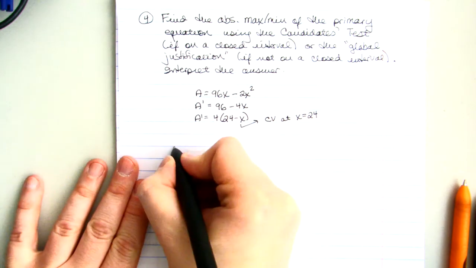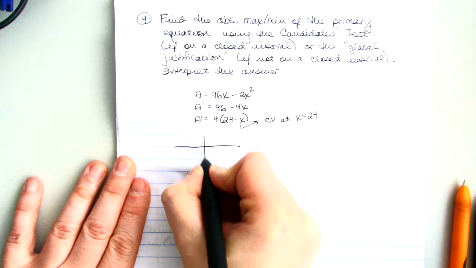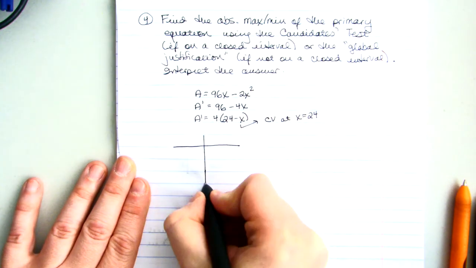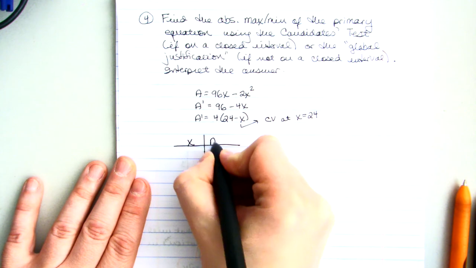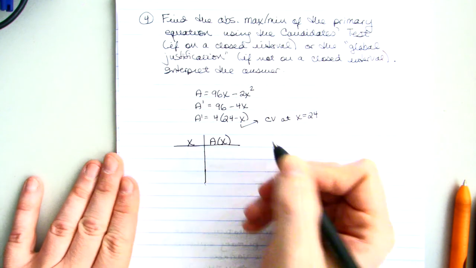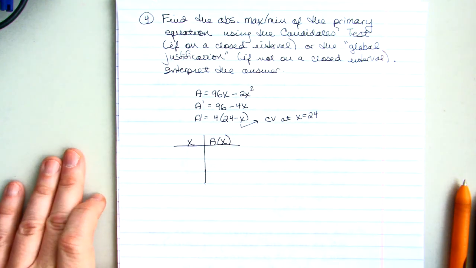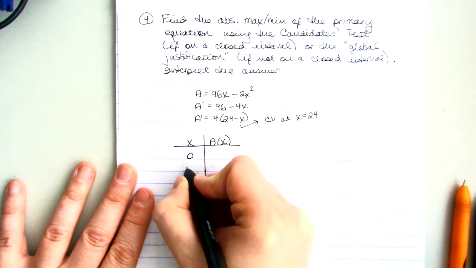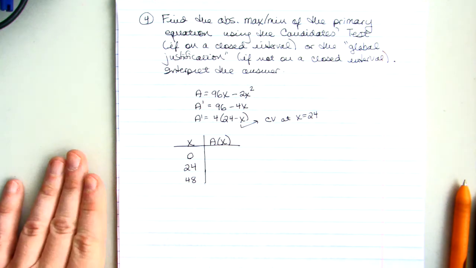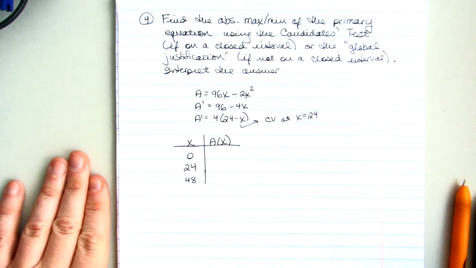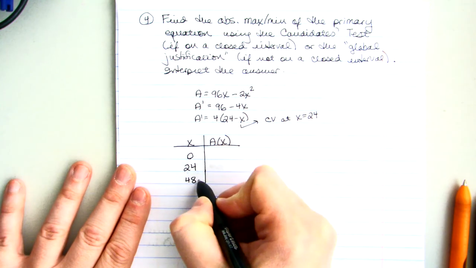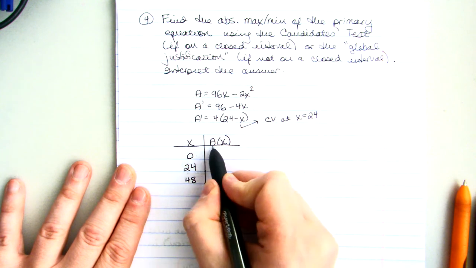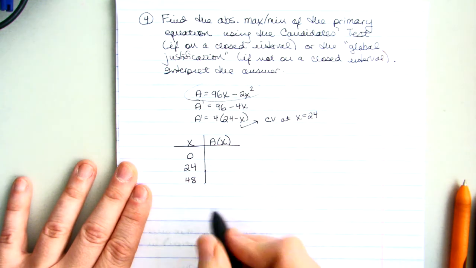If I'm using the candidates test, I now need to set up my little table. x, A of x. I want to use my endpoints. That's why I did that domain. That's why I got 0 and 48 in there. And my critical value of 24. We're going to plug these three values into A of x, our original formula for the area.